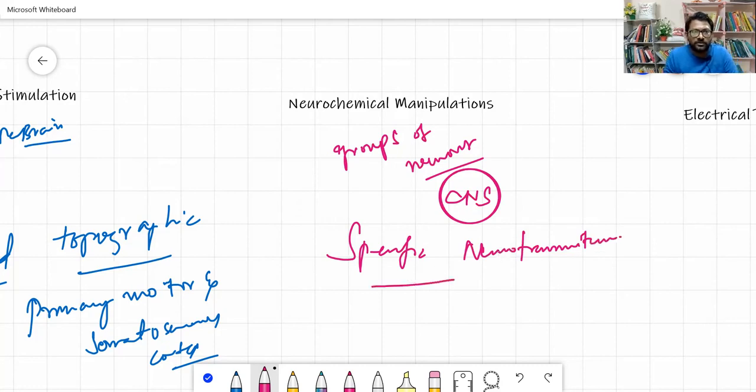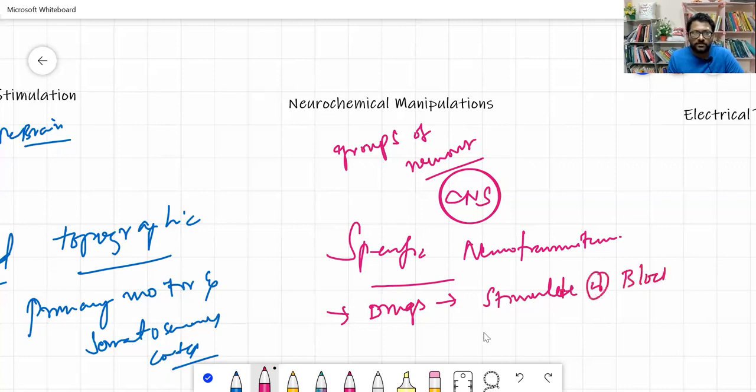So in neurochemical manipulations, what they do is give drugs systemically or apply them to specific anatomical areas, either stimulating or blocking specific neurotransmitter receptors.